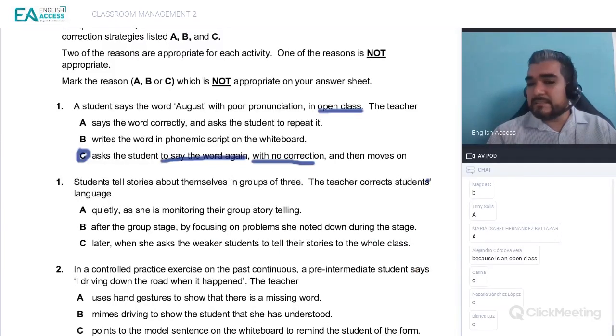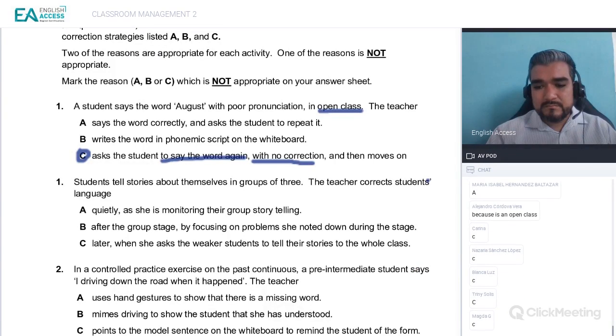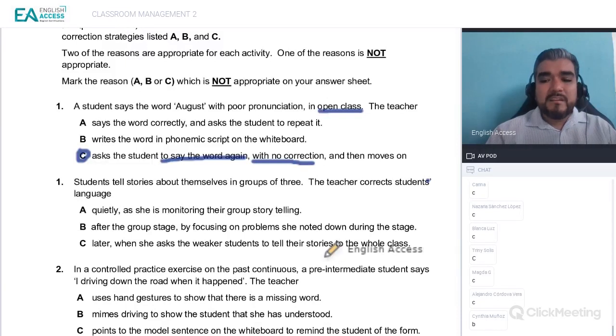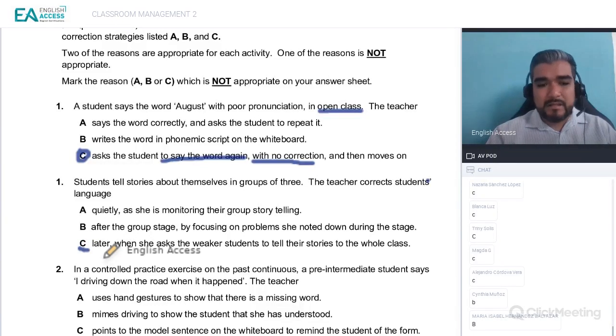What do you think is not correct? Yeah, in this case, applies what Alejandro noted down previously, right? Is letter C, the one that is not correct.